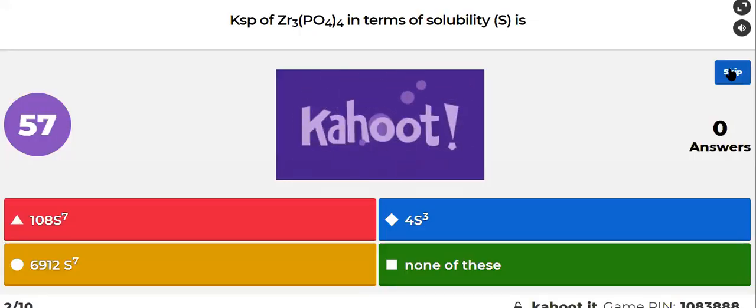Next, Ksp of Z are 3, P of a whole 4 in terms of solubility, in terms of S. Again, a very easy question, everyone.